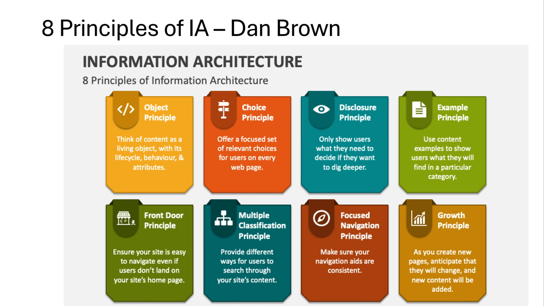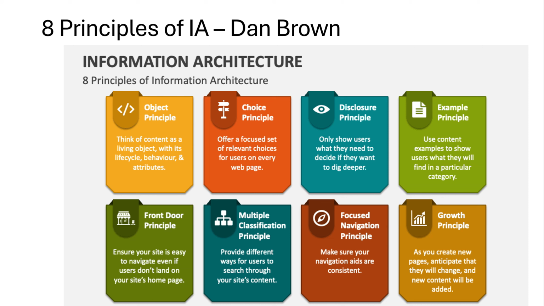All right, so 8 principles of IA. This came from a paper, it's not a poster per se, but a short paper, maybe 3 to 5 pages depending on the version you look at, by Dan Brown, and he sets forth the 8 principles of information architecture.